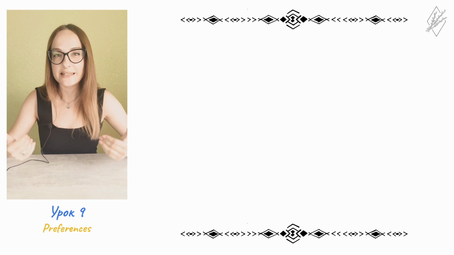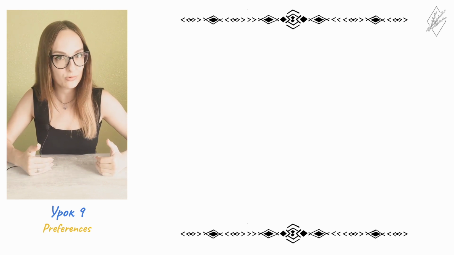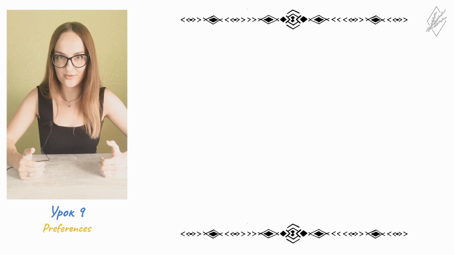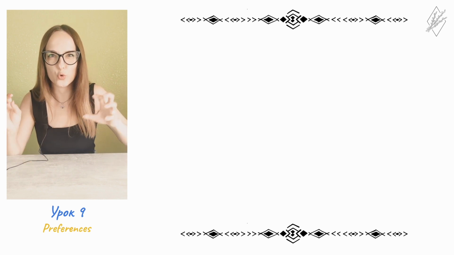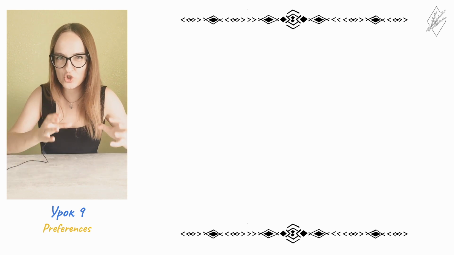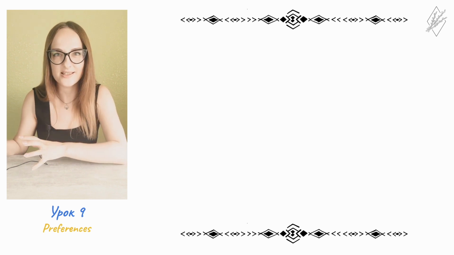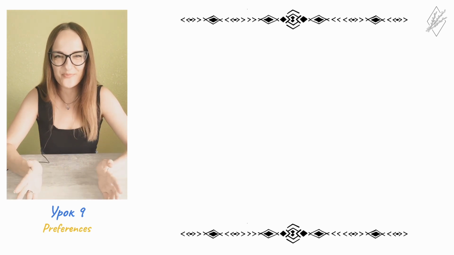For example, я терпіти не можу печінку та сирі яйця. It means that I hate liver and raw eggs. А що ви терпіти не можете?